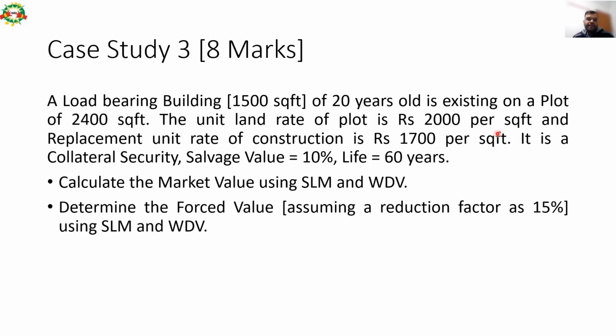Land rate is given, built up area of the building is given, age of the building is given as M, plot land area is given, and the replacement unit rate of the construction is 1700 rupees per square feet. Replacement rate is given. It is a collateral security and the salvage value is 10%. The life of the building is also given as N. So calculate the market value using SLM and WDV, and also calculate the forced value assuming a reduction factor of 15% using SLM and WDV.